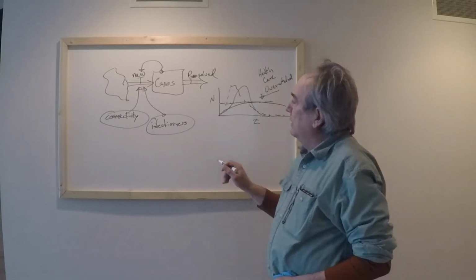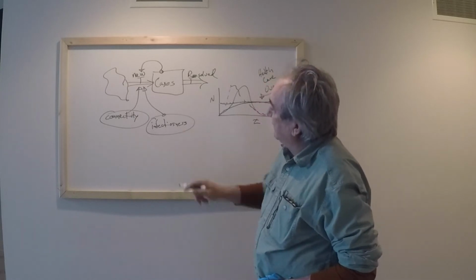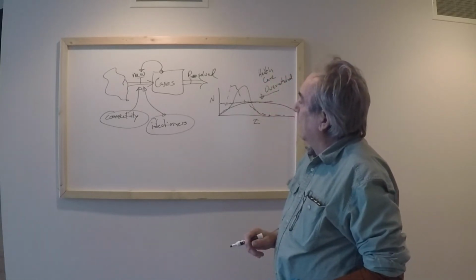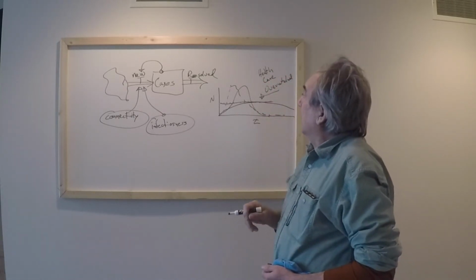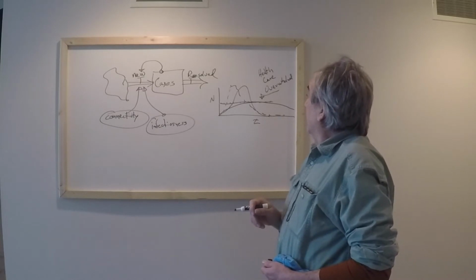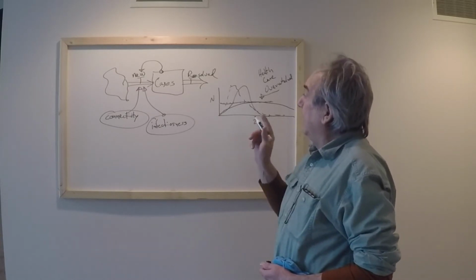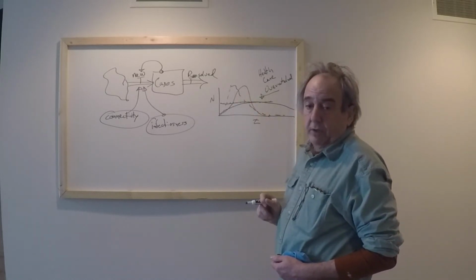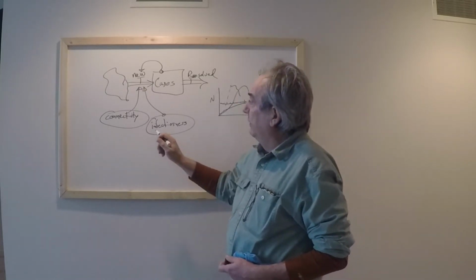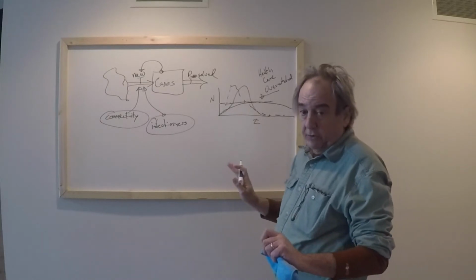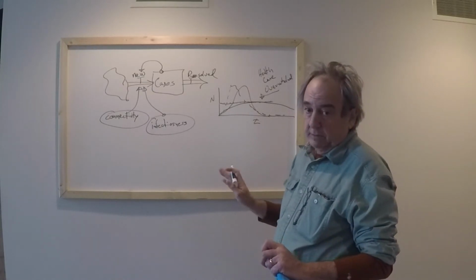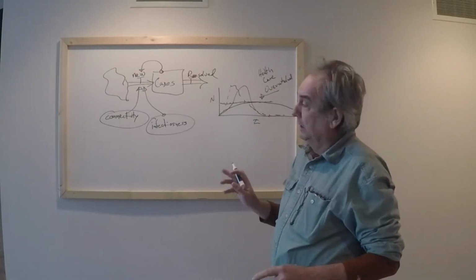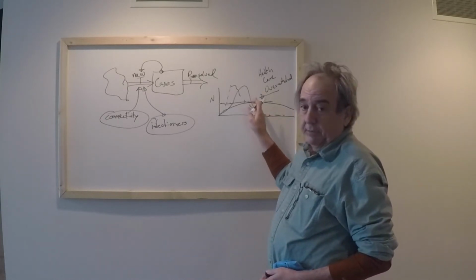Now, oh wow, infectiousness is spelled really poorly. The thing that determines the shape of this curve is, well, there's at least two things that determine the shape of this curve.